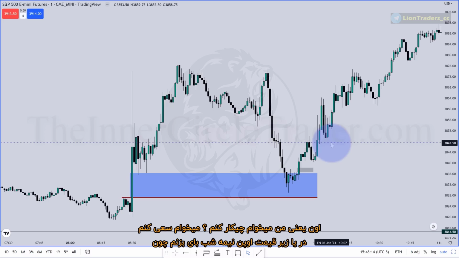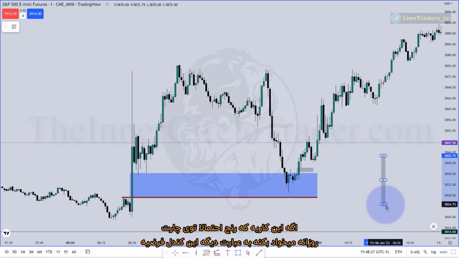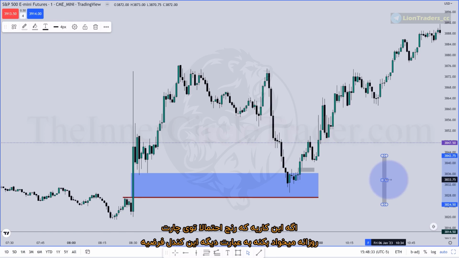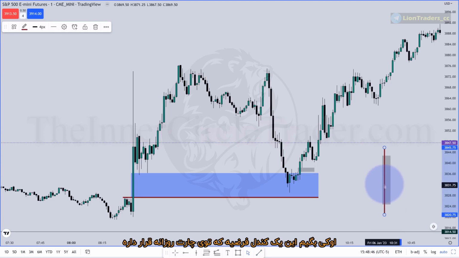I'm going to try to buy at or just below the opening price at midnight, because my expectation is, and this is what I teach my students, if this is what the range is likely to do on the daily chart, in other words, this hypothetical candlestick, okay, let's say this hypothetical candlestick represents the daily chart.